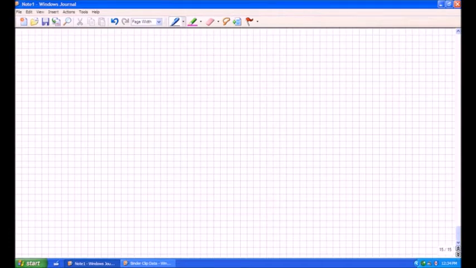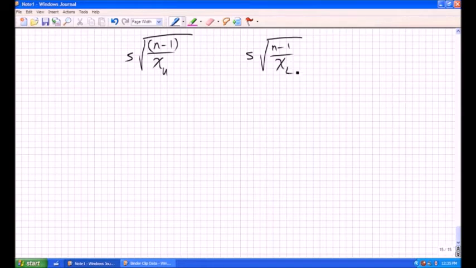Well, if I take limits s square root of n minus 1 over an upper chi-square value and s square root of n minus 1 over a lower chi-square value, in this particular context, that says take 0.0035 and multiply by 7 minus 1 over, well, for sake of argument, let's make 90% limits in this particular case, just to illustrate a different confidence level.